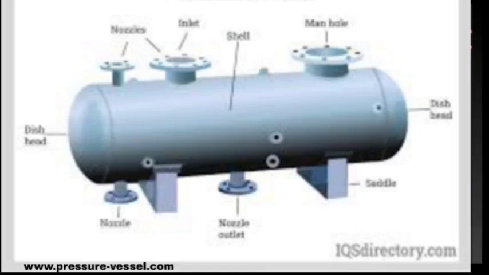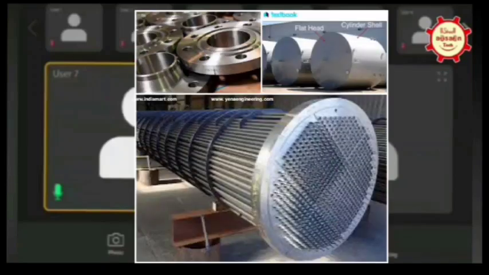Okay, yeah. My question is, if my demo vessel has a shell and bottom ellipsoidal dish, but in PTB4 itself we have many things, right? Flanges, flat head, tube sheet, nozzle and dish head, everything is there.